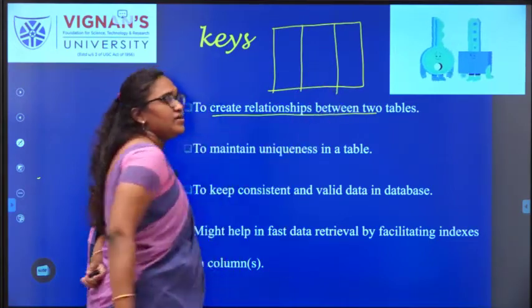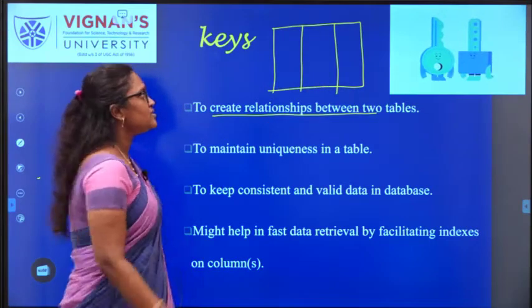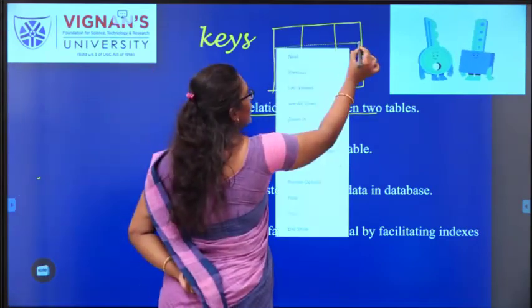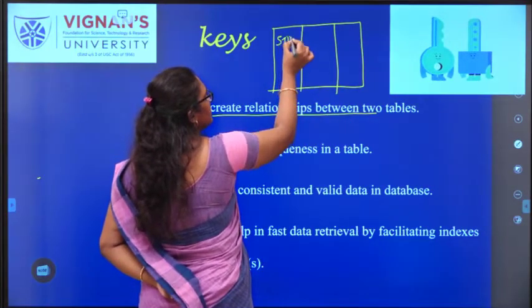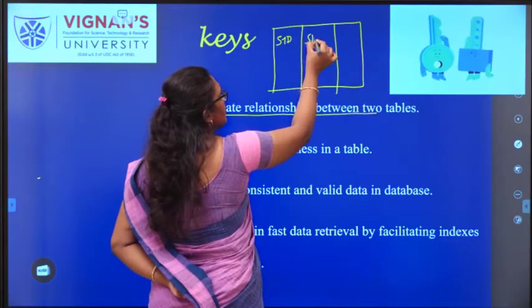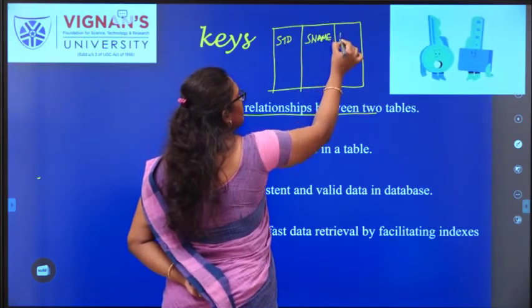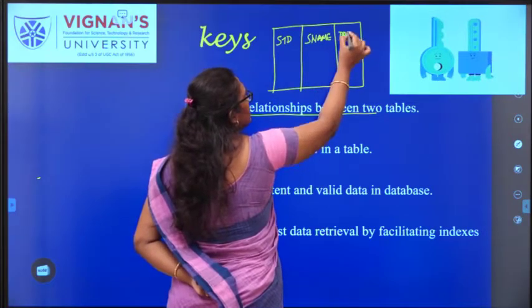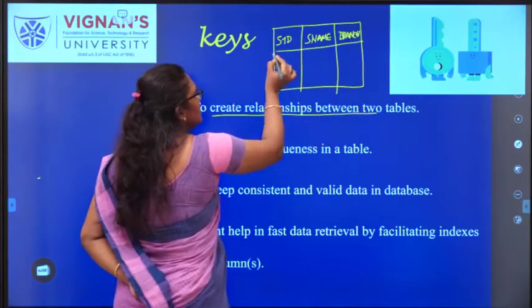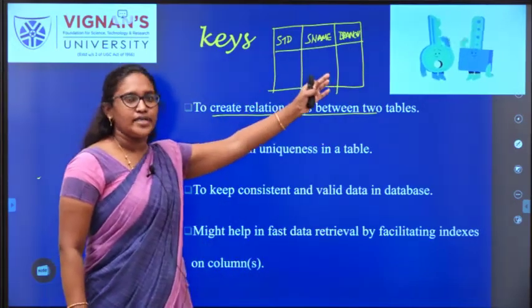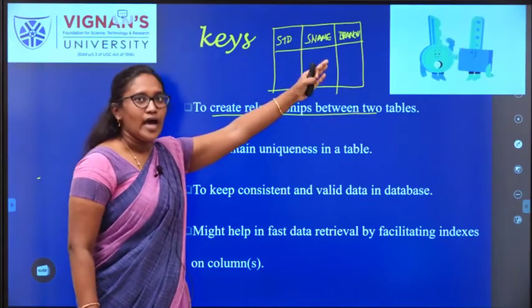For example, I am taking 3 columns: student ID, student name and branch.